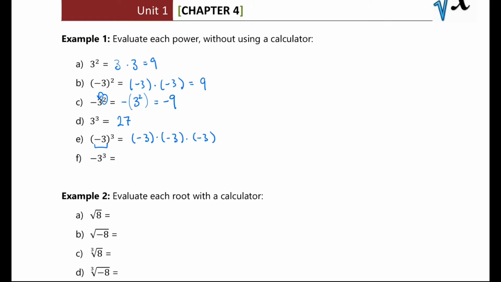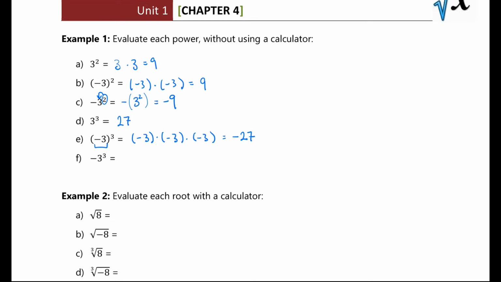There's 3 negatives. So when we are multiplying, negative times negative becomes positive. Positive times negative is negative. So we have to have a negative number. Now we're going to multiply the magnitudes of it. So 3 times 3 times 3, which is 27. So basically negative 3 all to the power of 3 is negative 27.